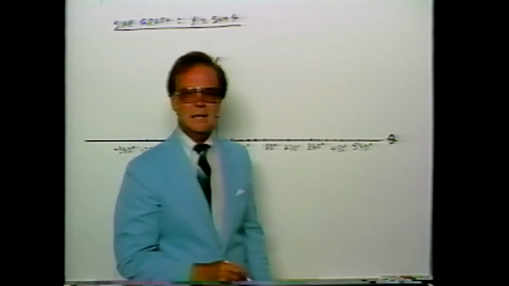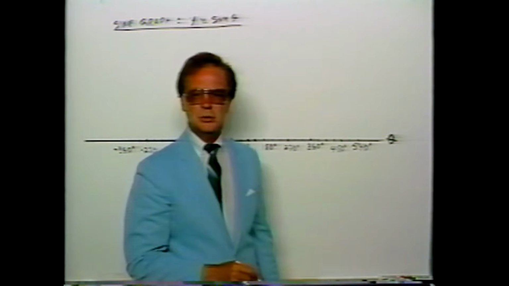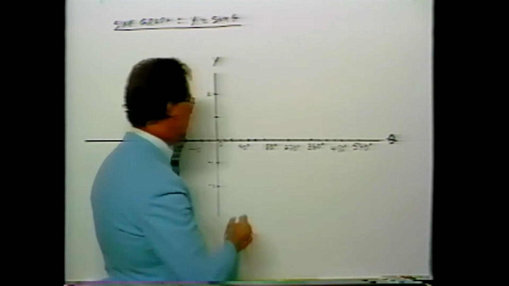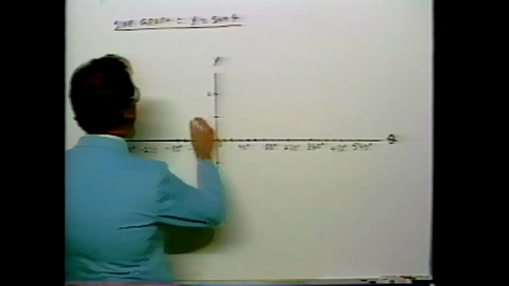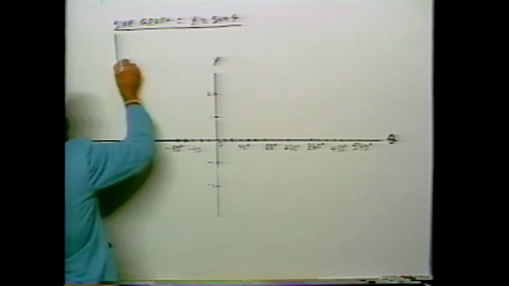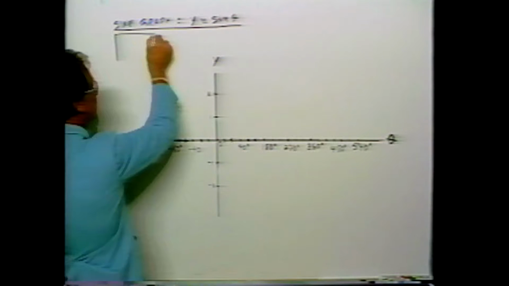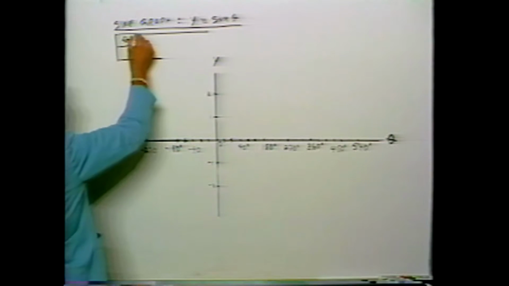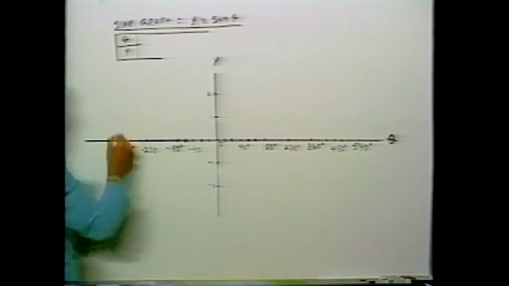Now, what you will have to do is use your calculator and construct a table of values for each of these points. It will take quite a bit of time to construct that table. This is the row for theta, and this is the row for y.